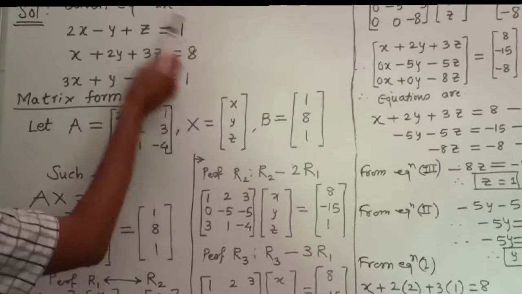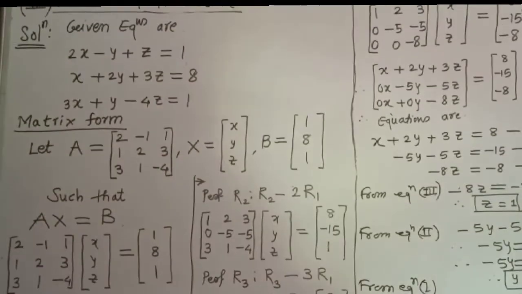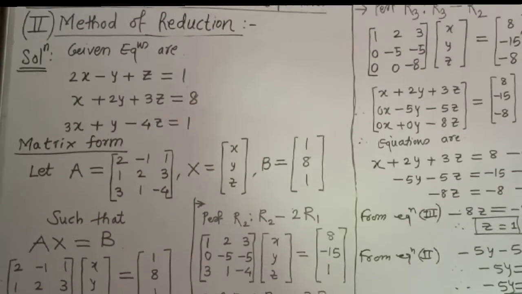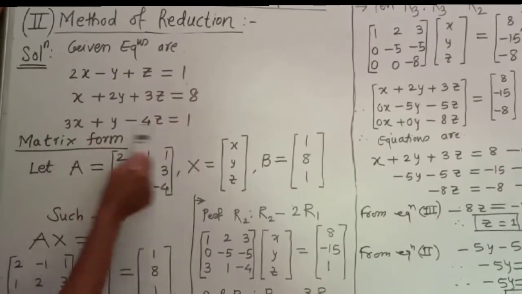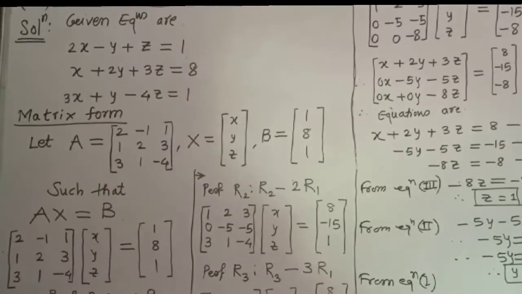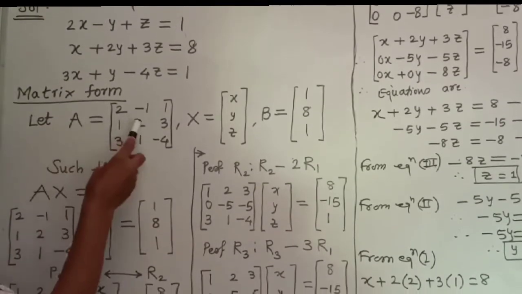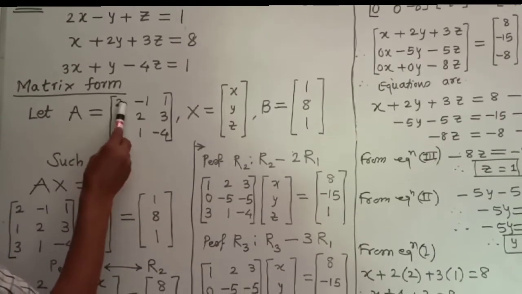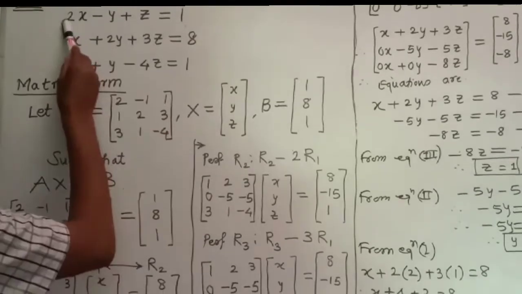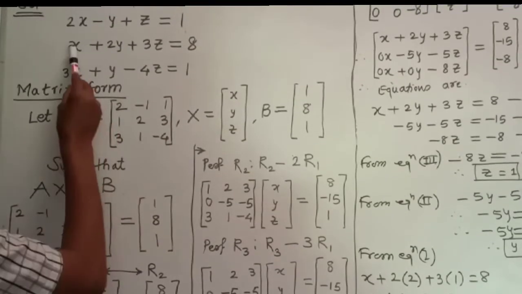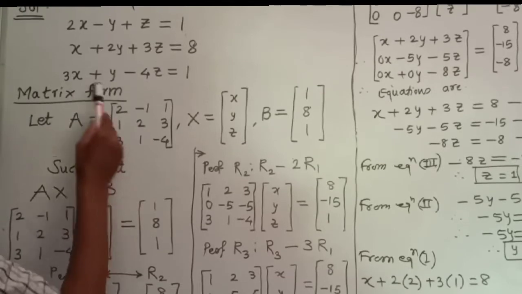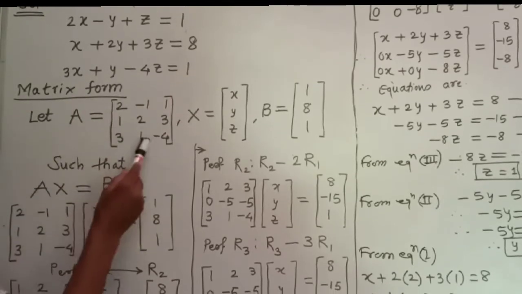Now we have to solve these equations by the reduction method. So first of all, we have to convert these equations into matrix form. So let matrix A be equal to 2, minus 1, 1; 1, 2, 3; and the third equation's coefficients 3, 1, minus 4.